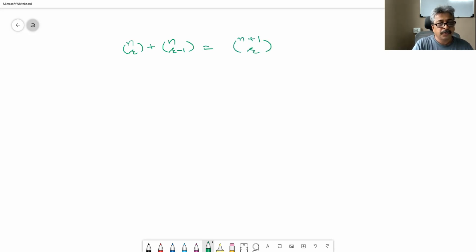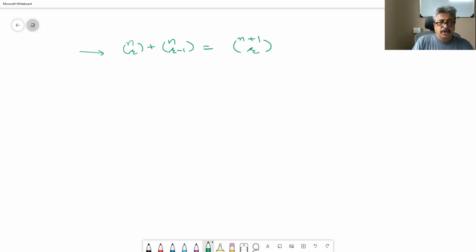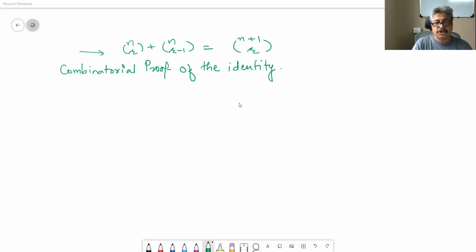Now let me give you a combinatorial proof of the identity. It is essentially measuring the same quantity in two different ways.